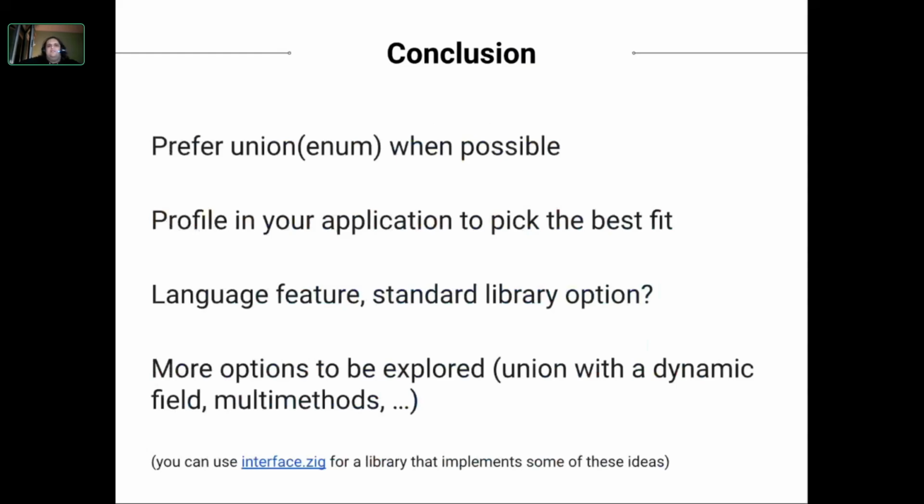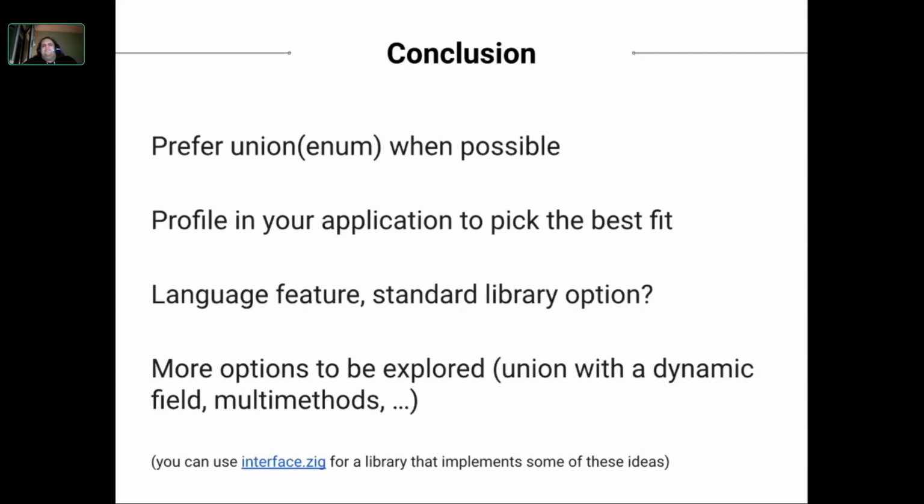If you just have, I don't know, 5, 6 types that you want to be able to use interchangeably, just use a union. It's nice, simple, clean. Everyone understands it, even the compiler. Of course, if you want to use another solution, you should profile your application with different settings, tune it, see what's the best.